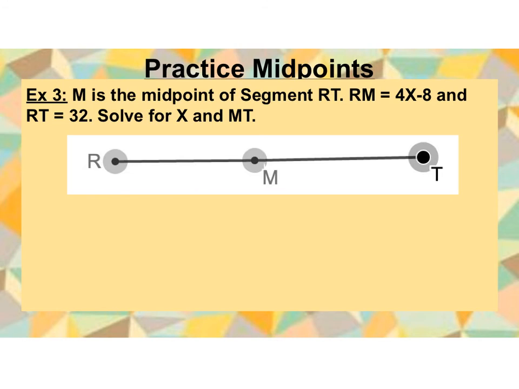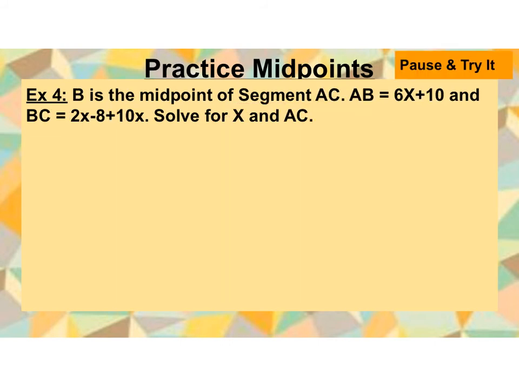Here we have M is the midpoint of segment RT. I'm told that RM is 4x minus 8. The whole thing is 32, and we just did this problem. We're going to try example 4. M is the midpoint of AC.